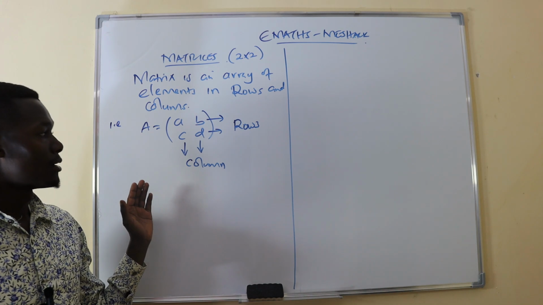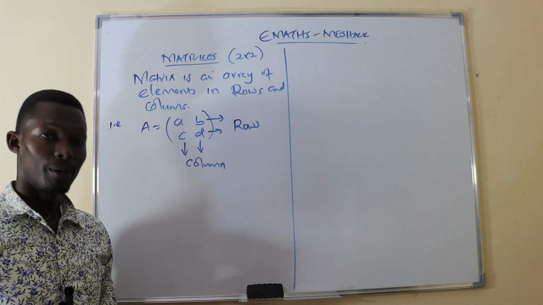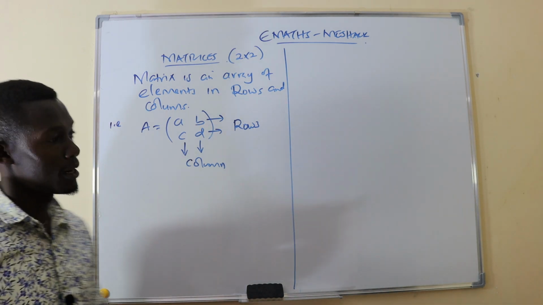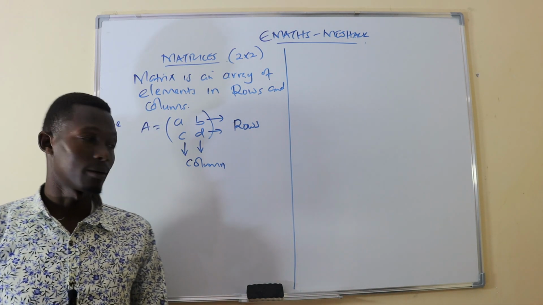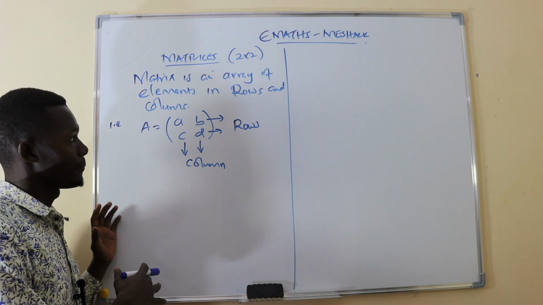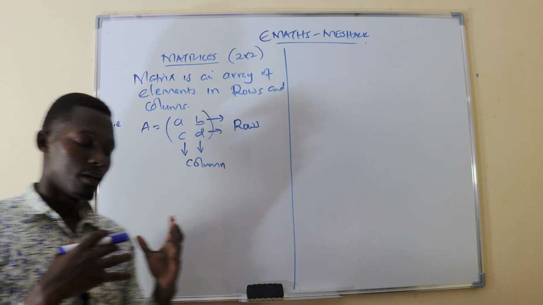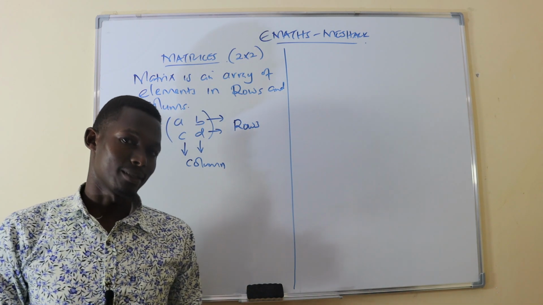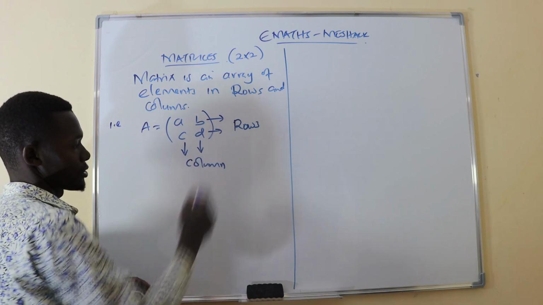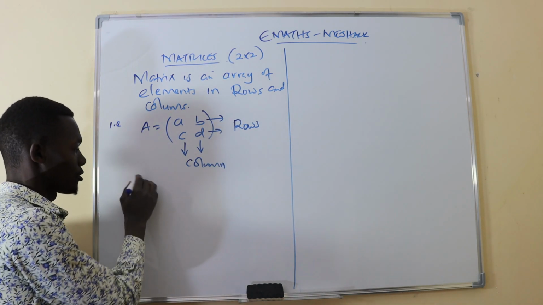Any operation that shall involve a matrix will be specifically 2x2, but some cut across all matrices, either 2x2 or 3x3. The concept is just the same. Now, since we know these are rows and these are columns, we can check something called the order.